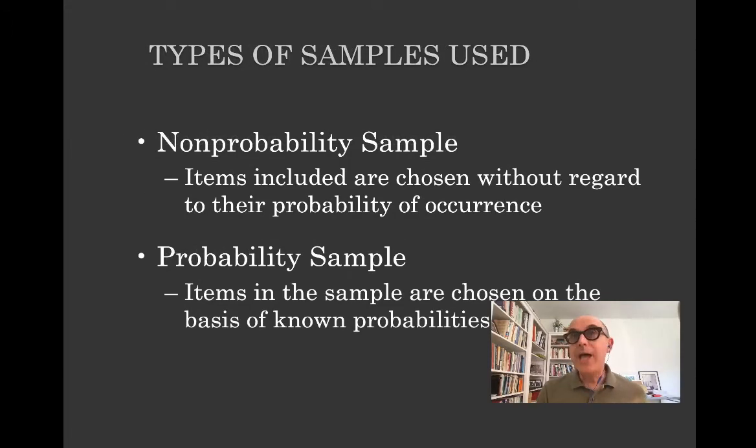There are two types of sample: non-probability sample and probability sample. The items included in a non-probability sample are chosen without regard to the probability of occurrence. In a probability sample, the items of the sample are chosen based on known probabilities. That's why, when we are trying to match and to understand what the population is about, the preferred methodology is probability sample.